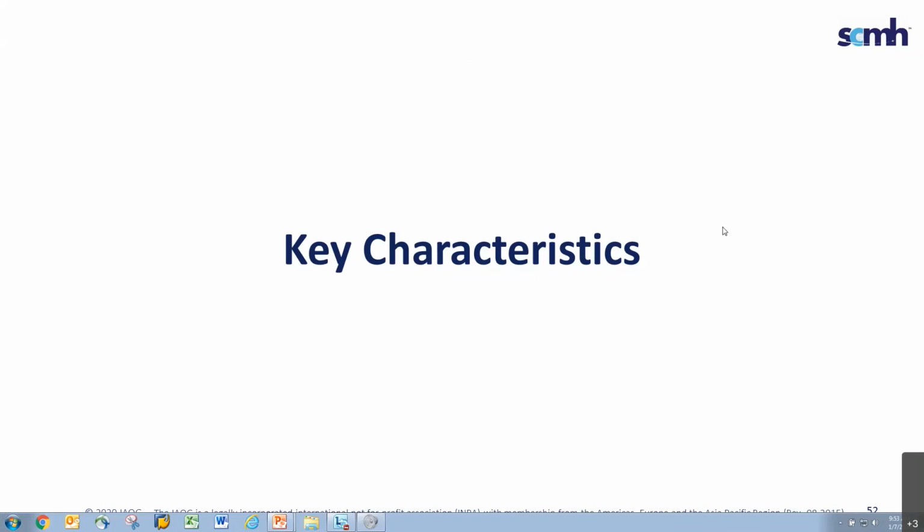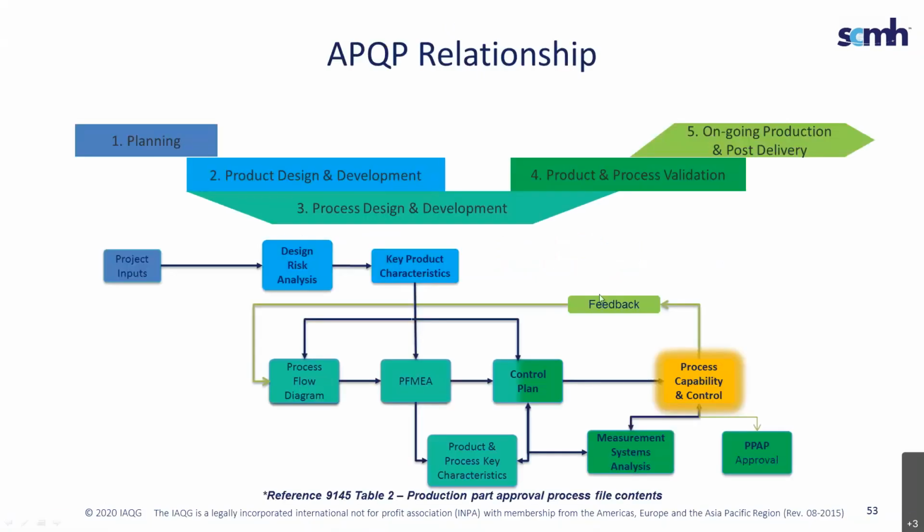Okay, all right. Let's talk about key characteristics. The first slide I want to talk about here is location of key characteristics. We've been talking about process capability and control.